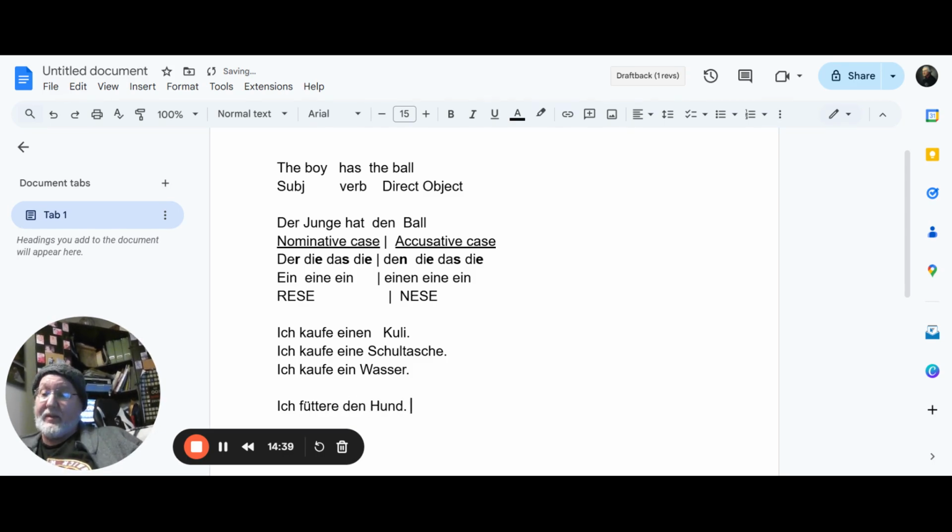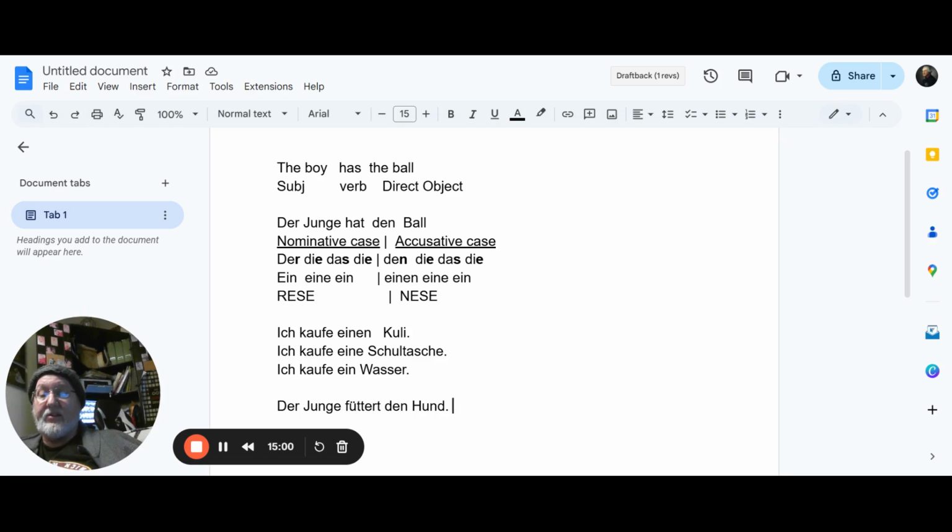So, ich füttere den Hund. I feed the dog. Der Junge füttert. Der Junge füttert den Hund. The boy feeds the dog.